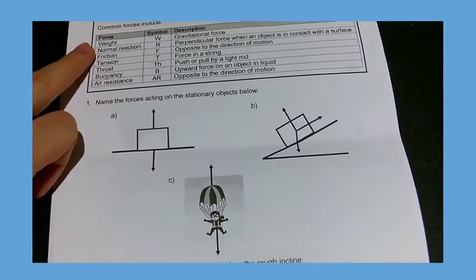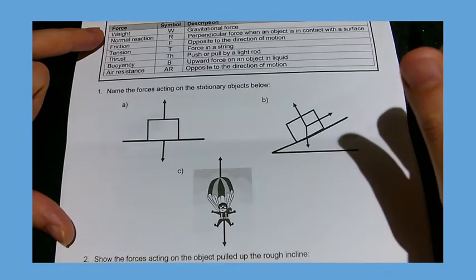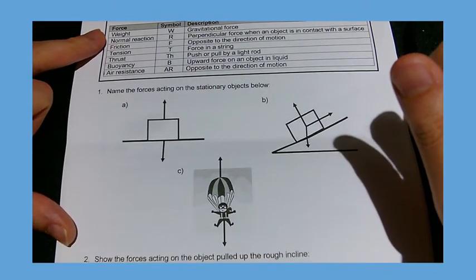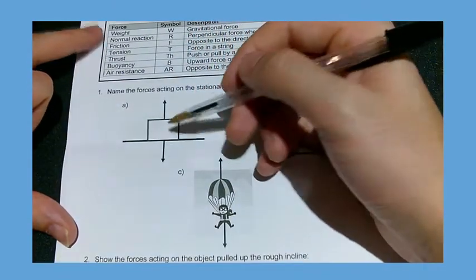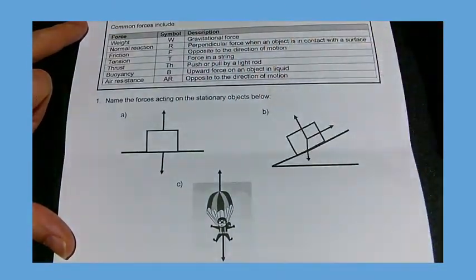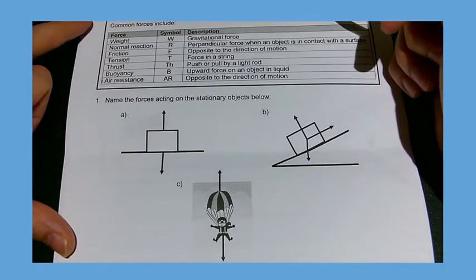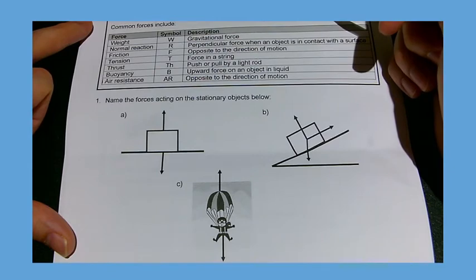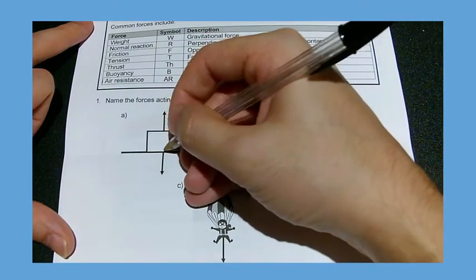So what we've got here on this page is three diagrams where we'll be looking at the forces acting on these stationary objects. I've got this first situation here, which is a block on a flat surface, and we've got to understand what are the forces acting on this block. Now, there's one thing that I would like to add to this diagram.